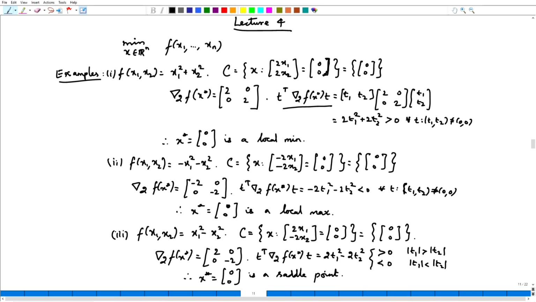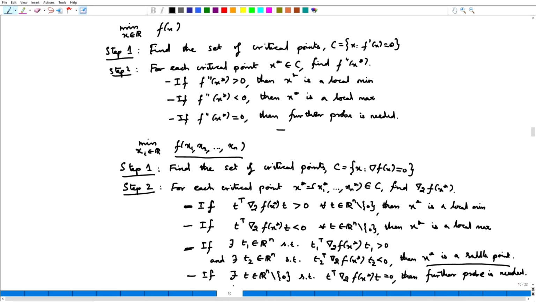All right. We have seen an example where x star is a local min, an example where x star is a local max, and an example where x star is a saddle point. We have still not seen an example where t transpose del 2 f of x star t can be 0.